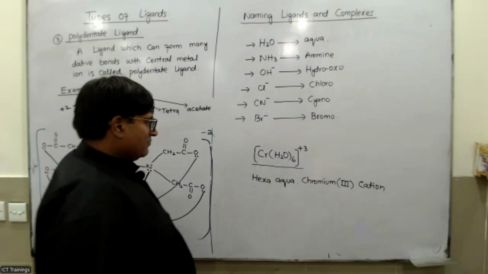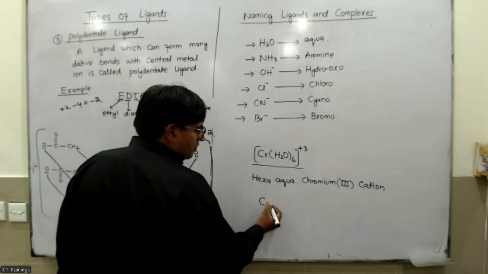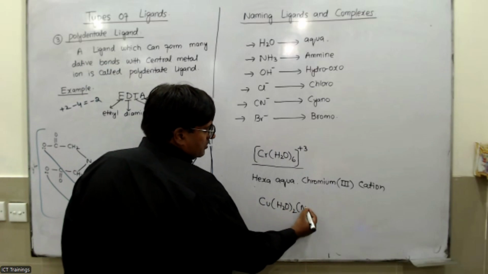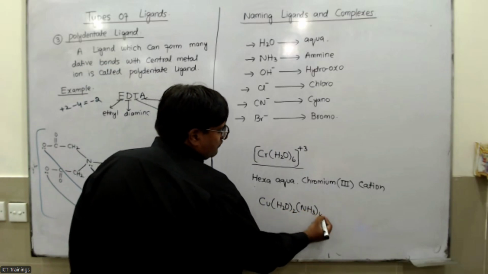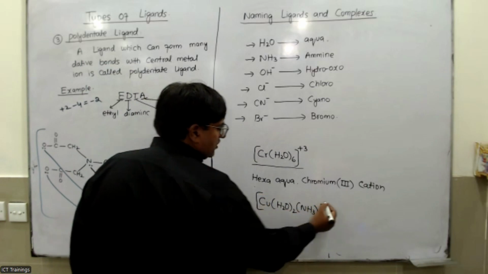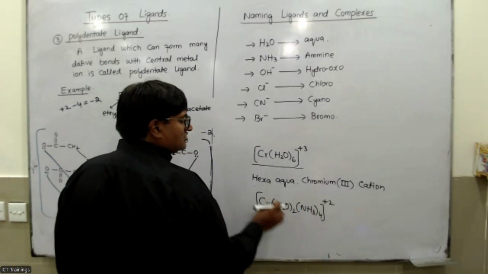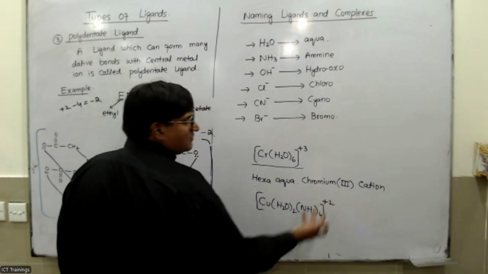Did you get it? I'm going to write down one more for you: copper, water 2, and ammonia 4, and it has a plus 2 charge. Now, if we look up here, water is neutral, ammonia is neutral. So the charge of copper is plus 2.